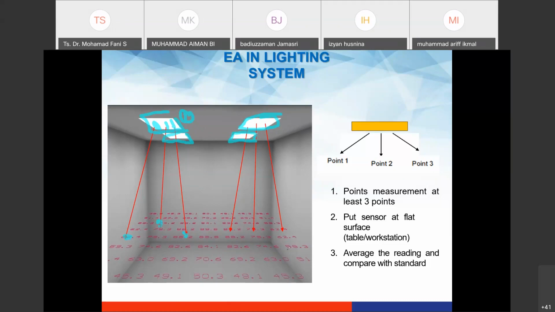So after that, when we get the average for example, for lighting 1, 2, 3, and 4, we have 3 points for every single one of these four areas, right? So for the total area in this room, you can put every single average that we have into another average for the final one, and compare to the standard.